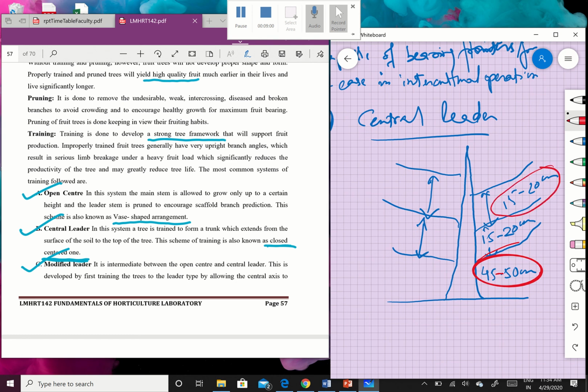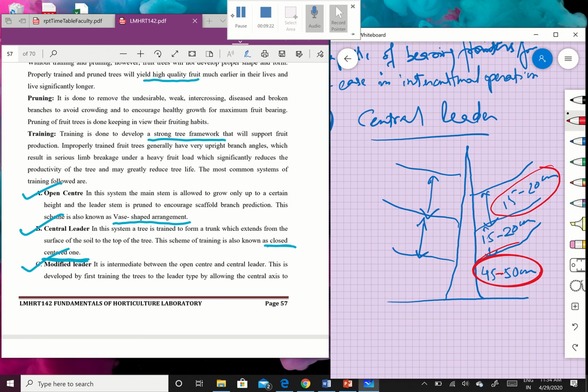What is the disadvantage of this training system is that due to its robust shape, it will grow very robustly. It's very difficult to maintain it, interculture operation, harvesting and all. Due to the shape, the lower branches will get very low light interception as compared to the top one.